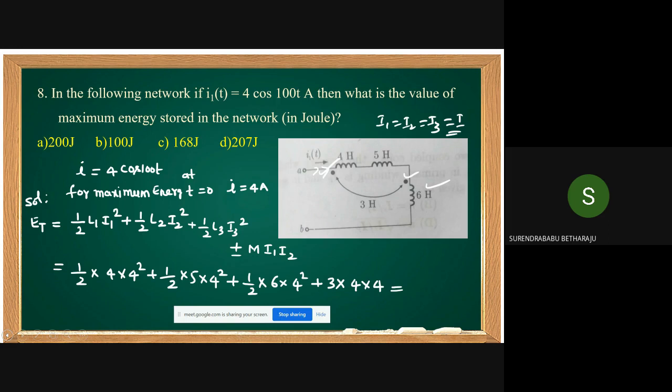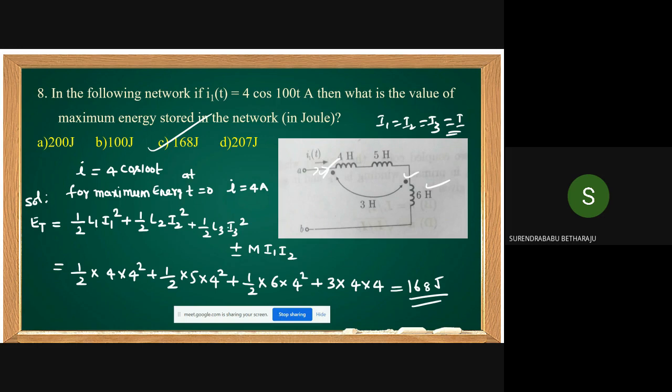I'm doing the calculation. 64 by 2, 32. This is 80 by 2 plus 40. 96 by 2 plus 48. 168, sir. C option. 168 joules. Very good. That is correct. Option C is correct.